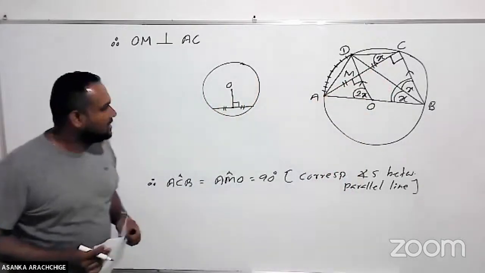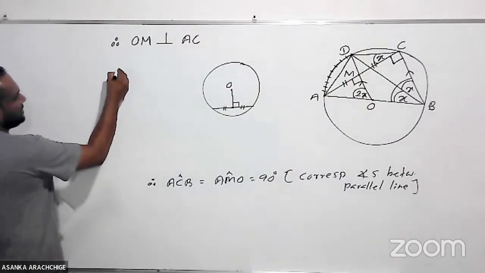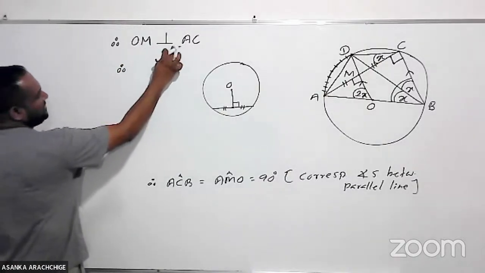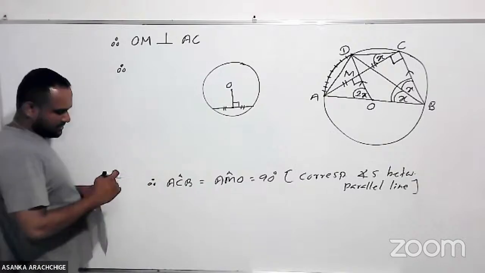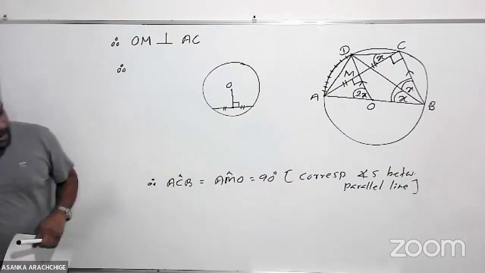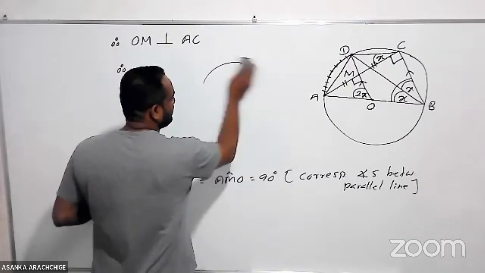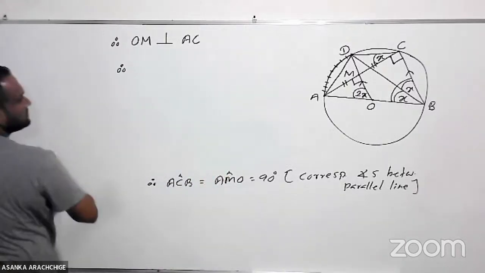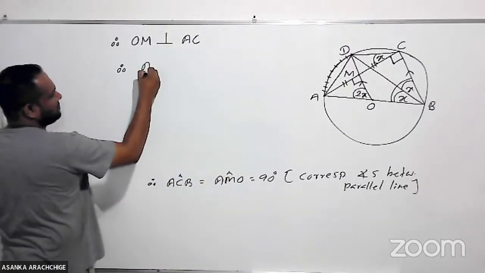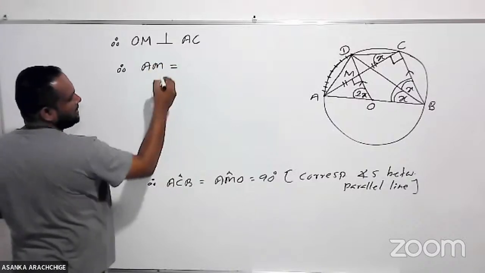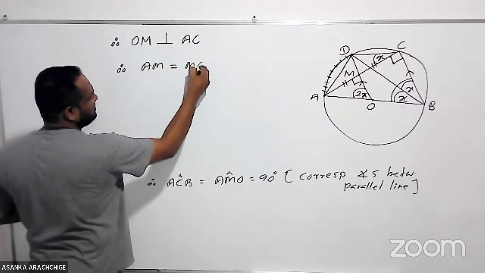Understood? Now you can say, if OM is perpendicular to AC, that is enough to prove that AM is equal to MC.